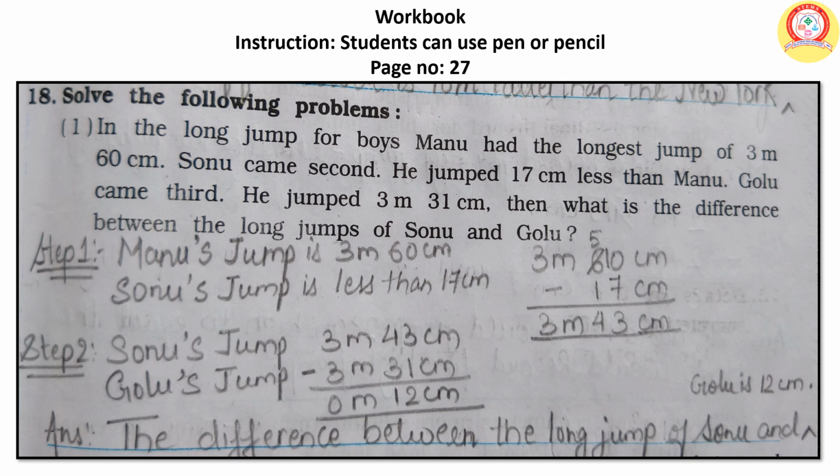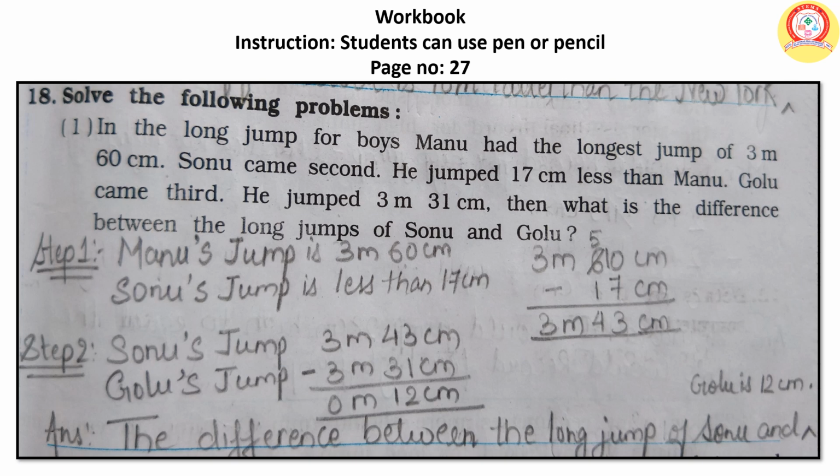Solve the following problems. First one, in the long jump for boys, Manu had the longest jump of 3 meter 60 centimeter. Sonu came second. He jumped 17 centimeter less than Manu. Golu came third. He jumped 3 meter 31 centimeter.